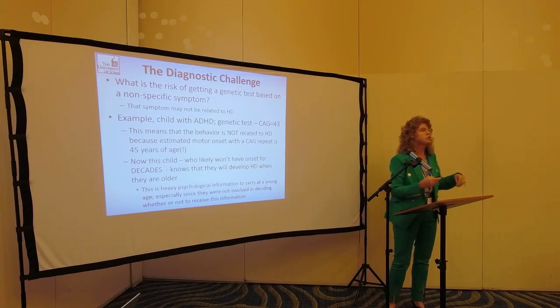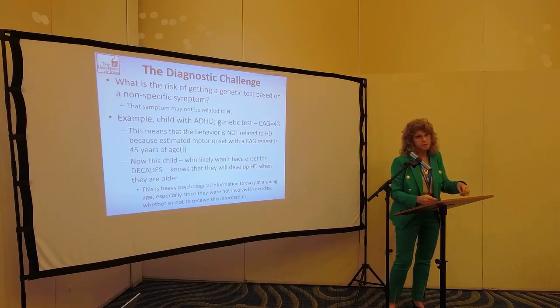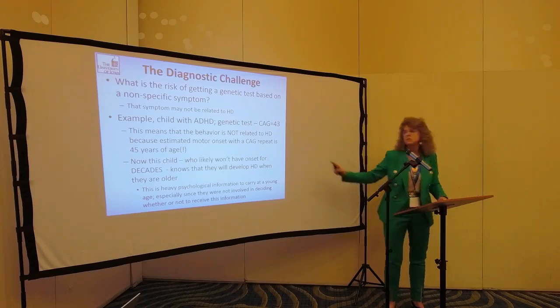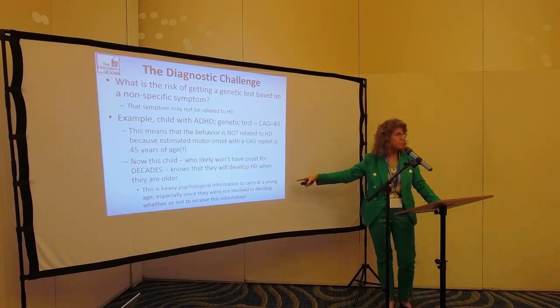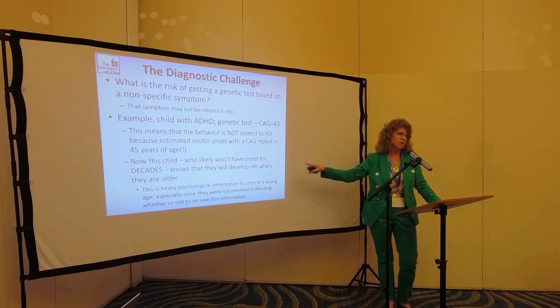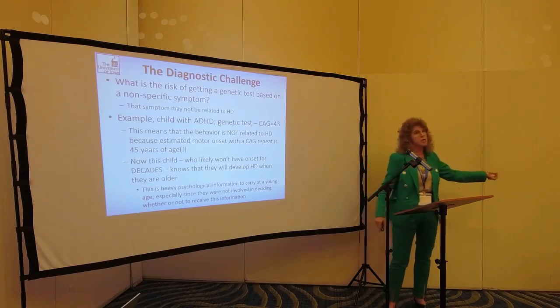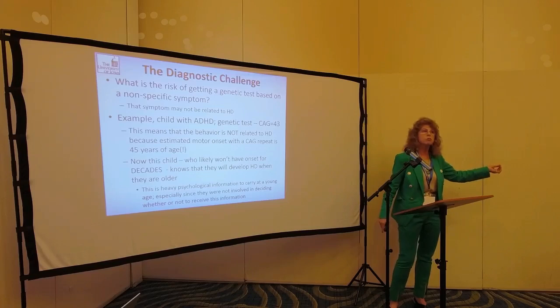And because they're a child, they weren't necessarily part of the decision to get that diagnosis, that their parents did that, right? So this is the scenario, and by the way, I've seen this happen. And when it happens, it's tragic, because where I've seen it is young people, so teenagers, who convince their local doc to run the CAG repeat when there's no motor signs, and now they think, I'm dying.